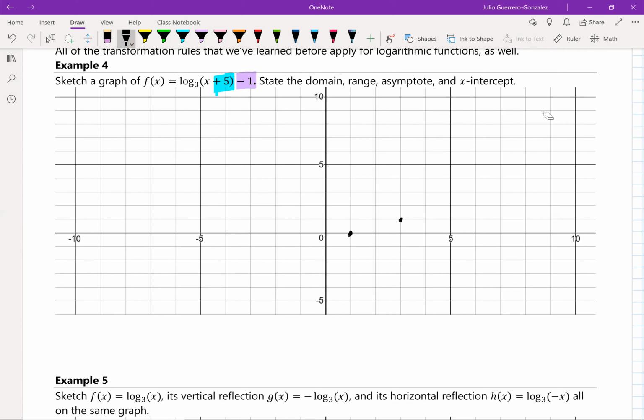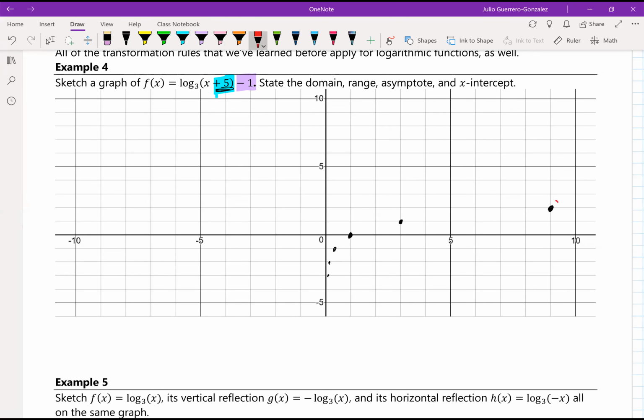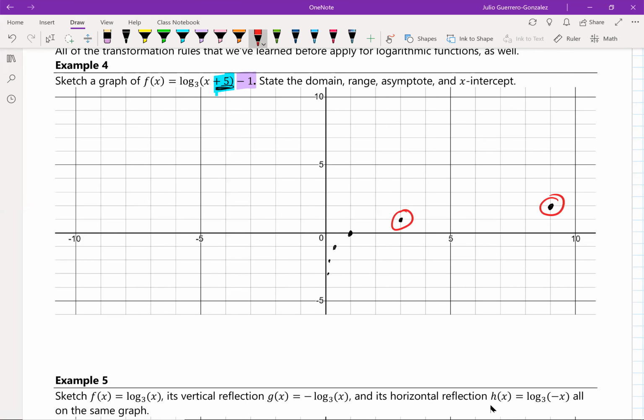So our vanilla graph goes through here, here, and here. And then there's going to be a point here, here, here. So what's the plus 5 do? It's going to move it to the left 5. So the easier ones to move are these. It'll tell you what's going to happen, right? Actually, let's start with the asymptote. Where's my asymptote now? It's at -5.